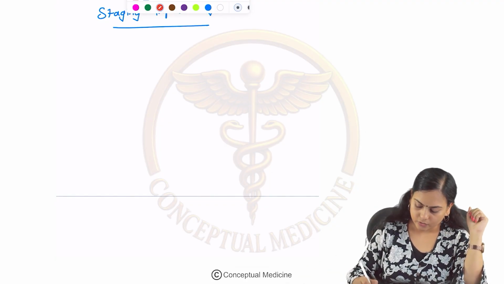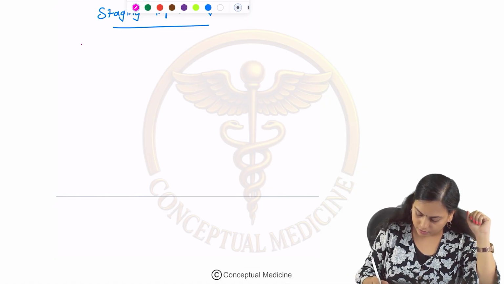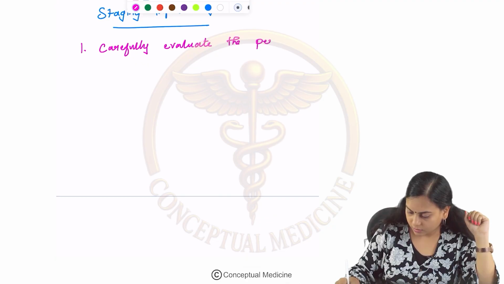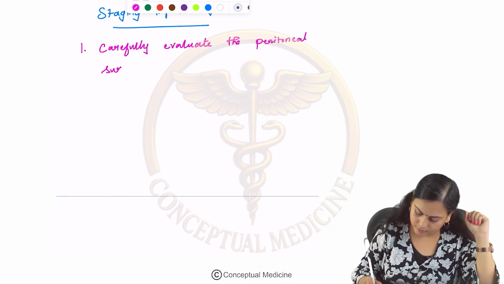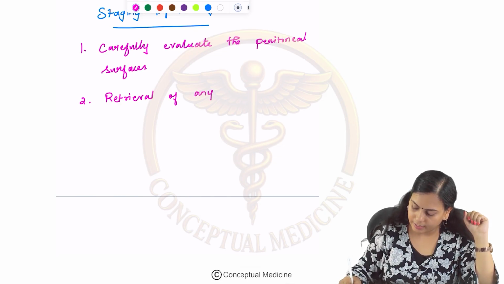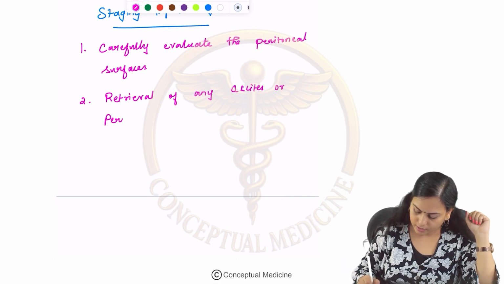Okay. So the first one is you have to carefully evaluate the peritoneal surfaces. Second one, there should be retrieval of any ascites or peritoneal fluid.